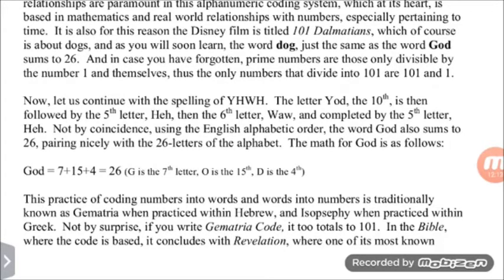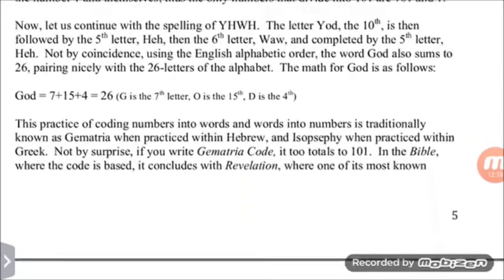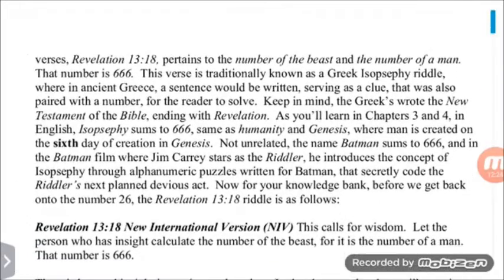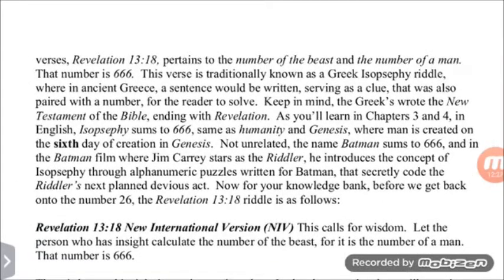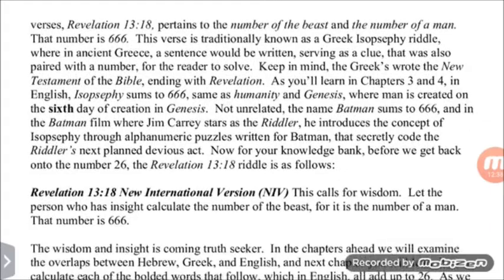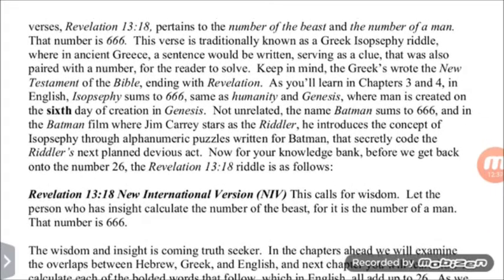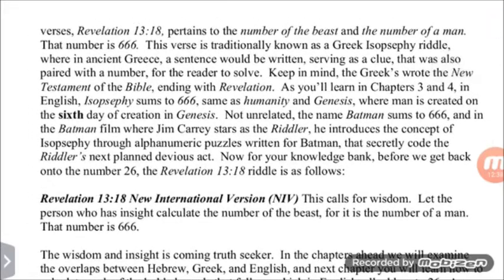In the Bible, where the code is based, it concludes with Revelation, where one of its most known verses, Revelation 13:18, pertains to the number of the beast and the number of a man. That number is 666.